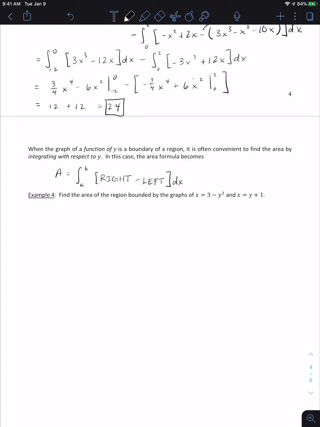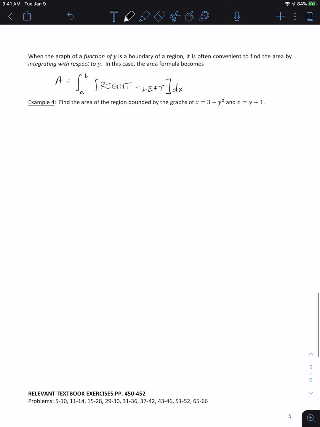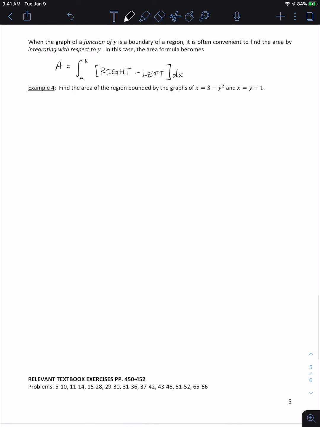Okay, so find the area of the region bounded by the graphs of x equals 3 minus y squared and x equals y plus 1. So first let's practice graphing these, right? So x equals 3 minus y squared. In order to graph these the way we're comfortable with, I still convert these to y equals something and graph, right?